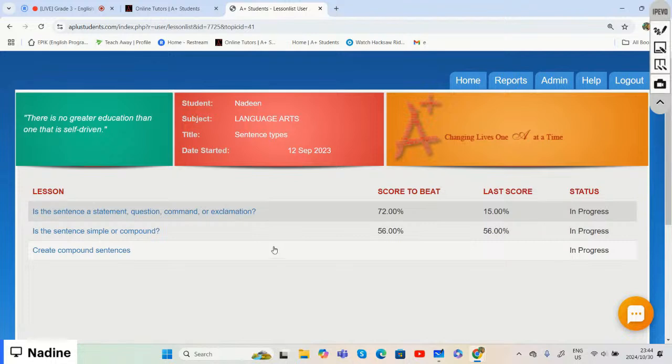So we need to say what type of sentence that is. We said that the first one is a statement. With the different types of sentence, if you come with a question mark, then it means that you are asking a question.